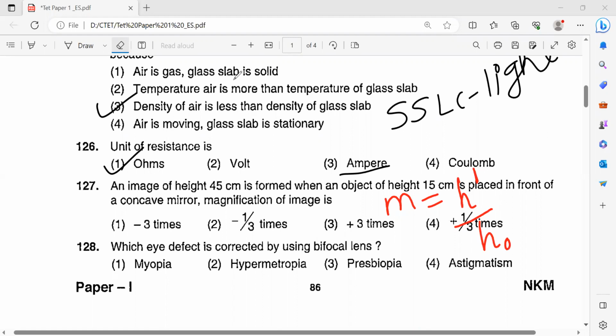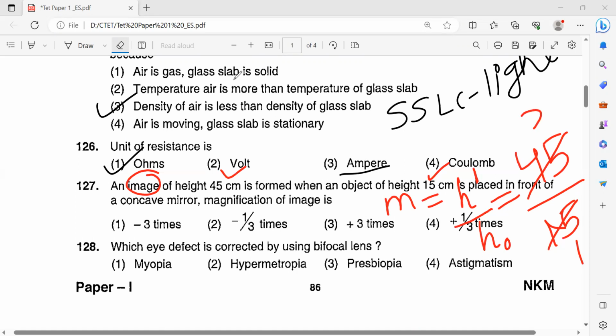H dash is the height of the image and H0 is the height of the object. Image height is 45 centimeter, divided by height of the object, 15. 15 ones are 15, threes are 45.